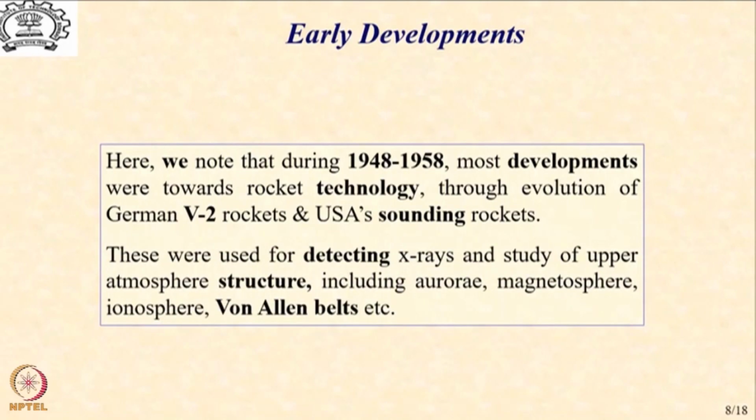These rockets were primarily used for detecting X-rays and study of upper atmosphere structure including aurorae, magnetosphere, ionosphere, Van Allen belts, etc.